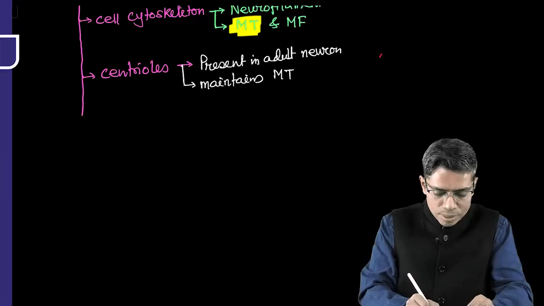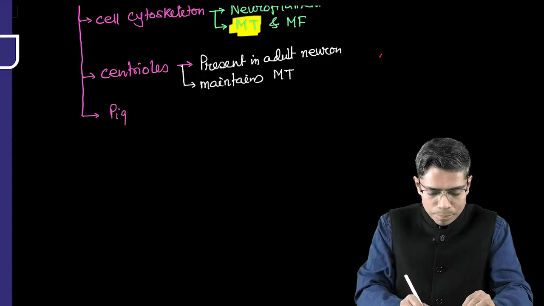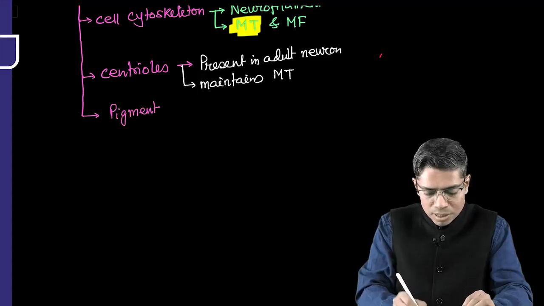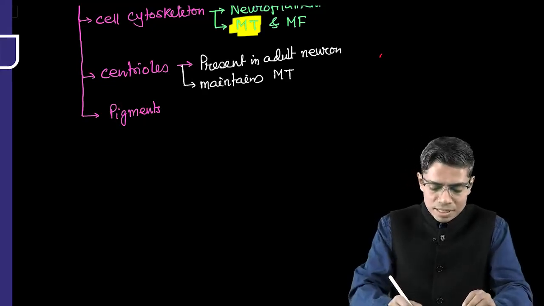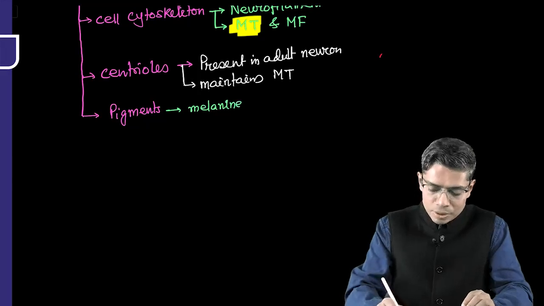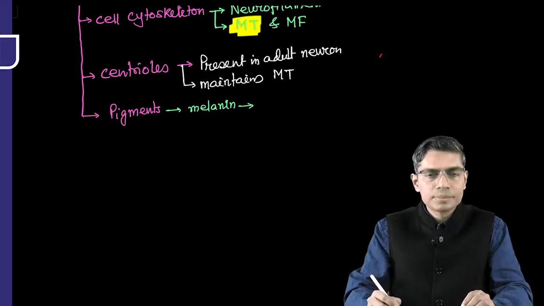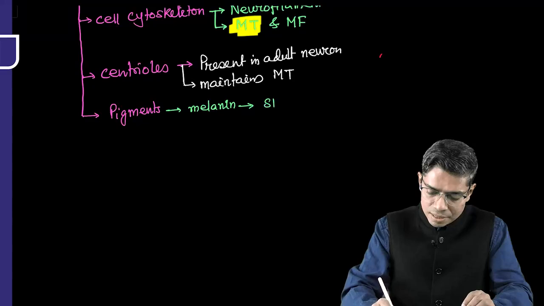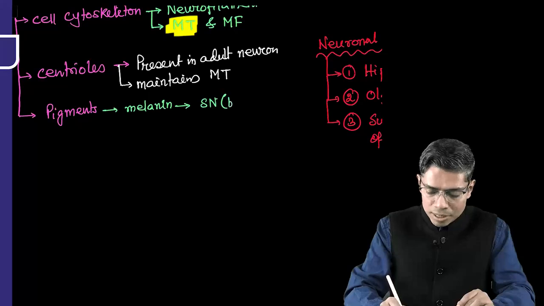And the last point we have to remember: the cell body of the neuron also contains certain pigments in some neurons, and because of the pigments, a peculiar color of the neuron will be seen. For example, a huge amount of melanin pigment is present in substantia nigra neurons, because of which these neurons look brown in color.